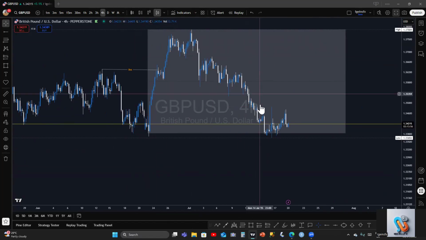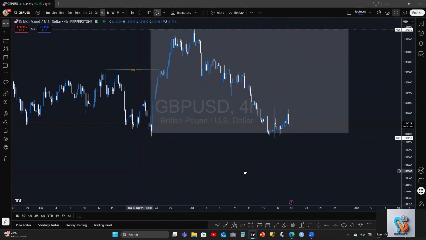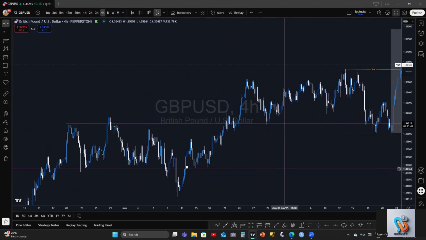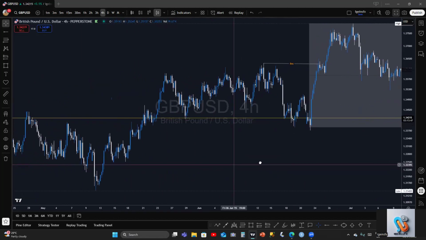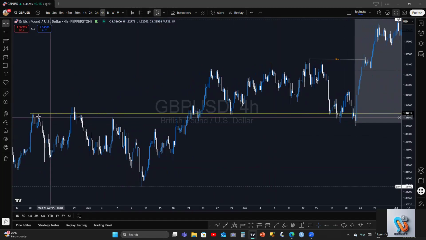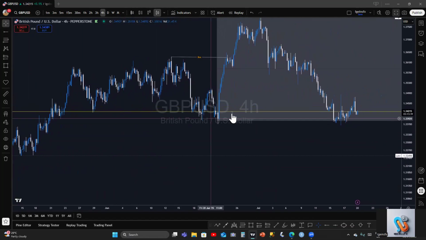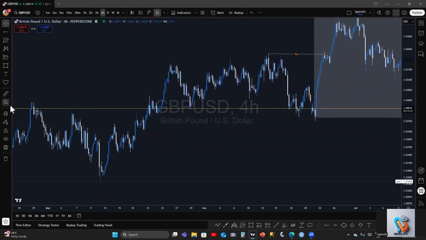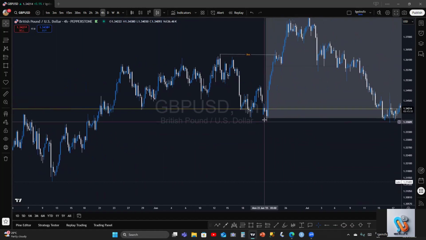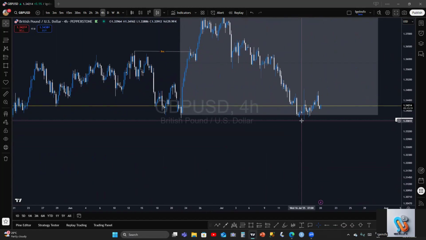The price came back, stalled here, and is reacting. They will say the resistance level is now becoming a support level. There's resistance here, support, support, support, and support here.